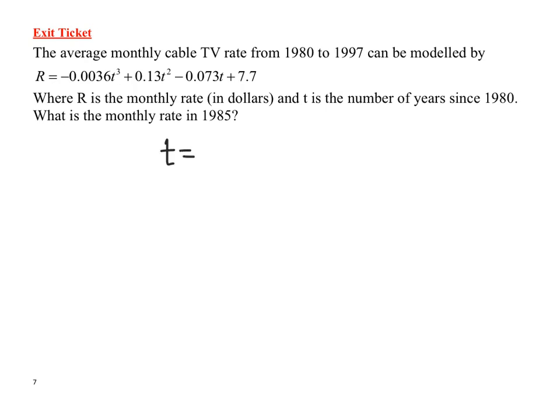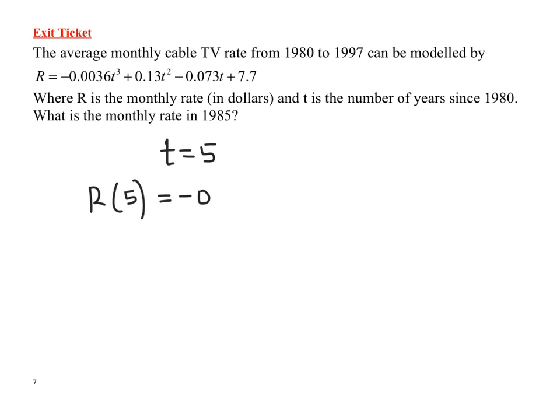What does that mean? In 1985, then it means T is going to equal what's the value of T. So since 1980, T is going to be 5, and so you're just looking for R of 5. That means you just plug in 5 into this equation.